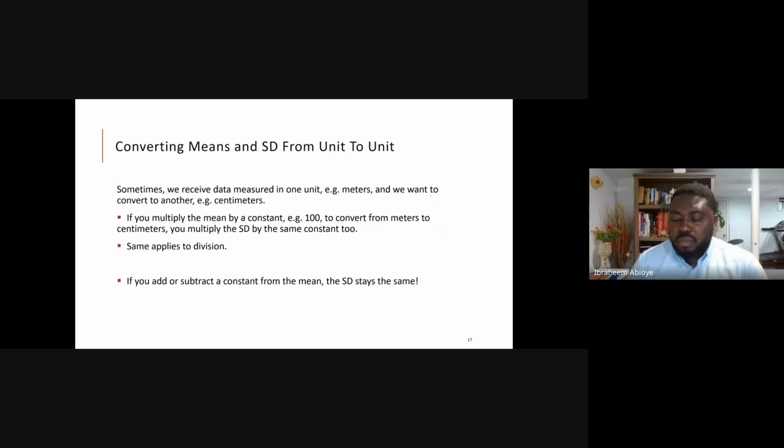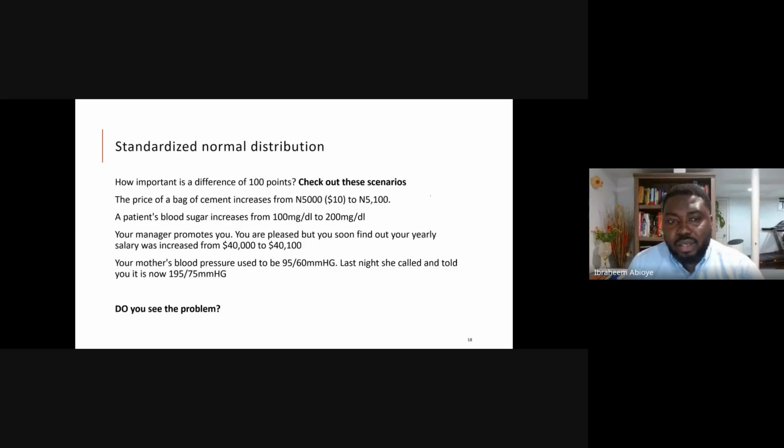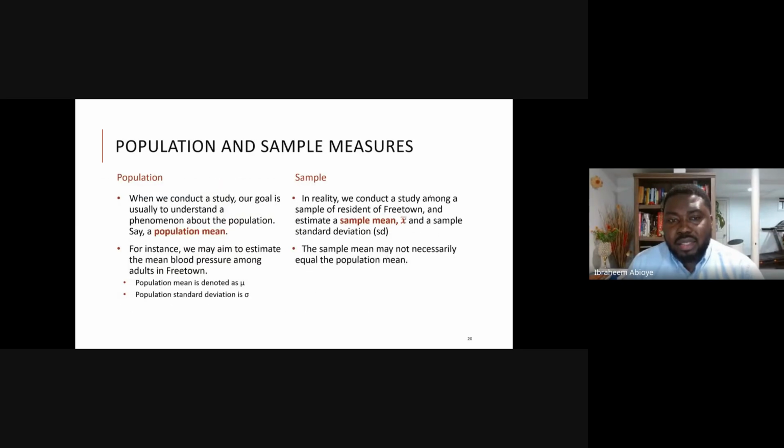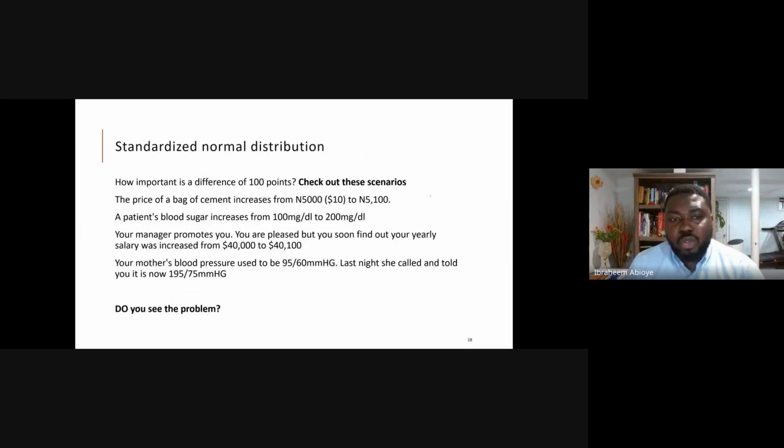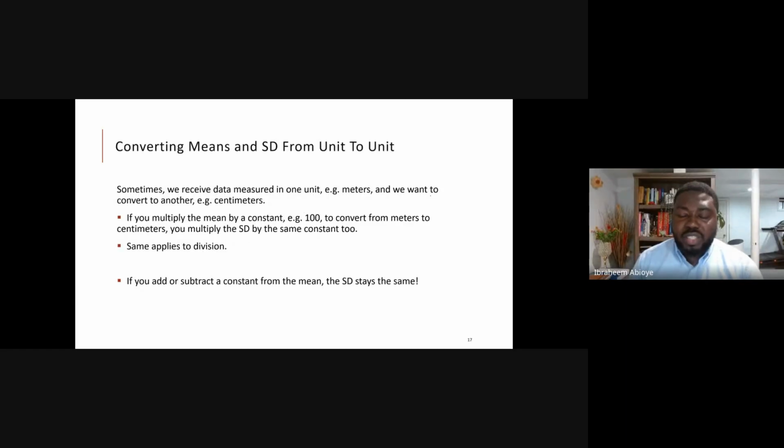We're going to wrap up in a few moments, but there's one concept that most people will deal with when they start doing analysis, which is converting from one unit to the other. Let's say you have calculated the standard deviation for height in meters, and you need to convert it to centimeters.